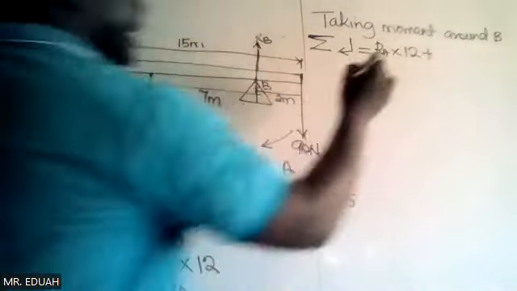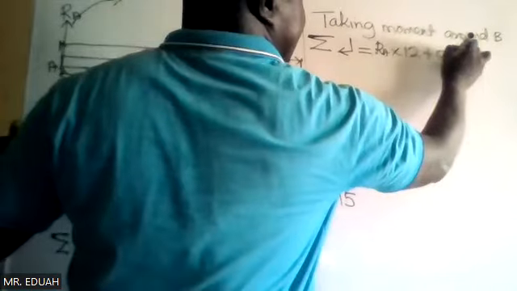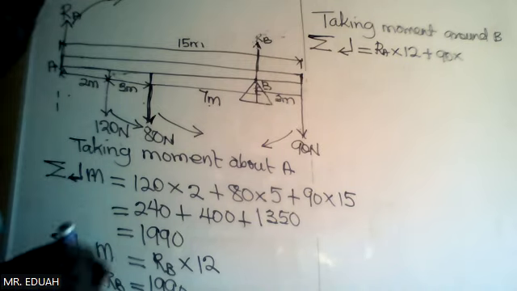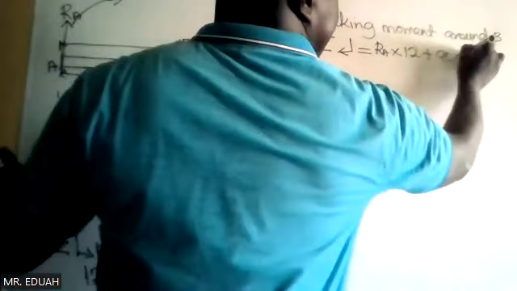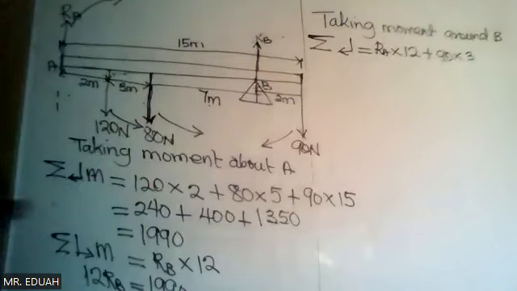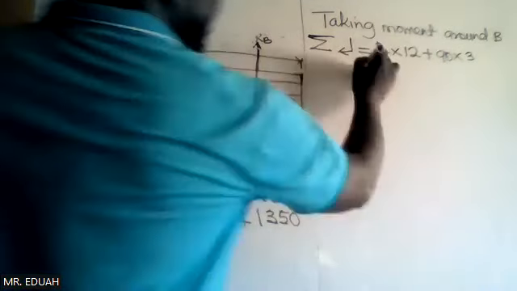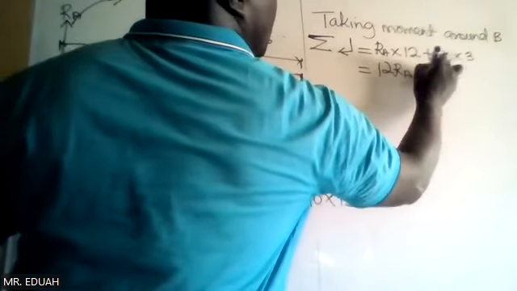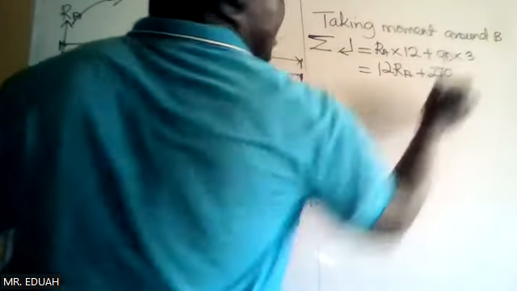Plus 90 times 3. Good. So we have 12 by RA plus 270.